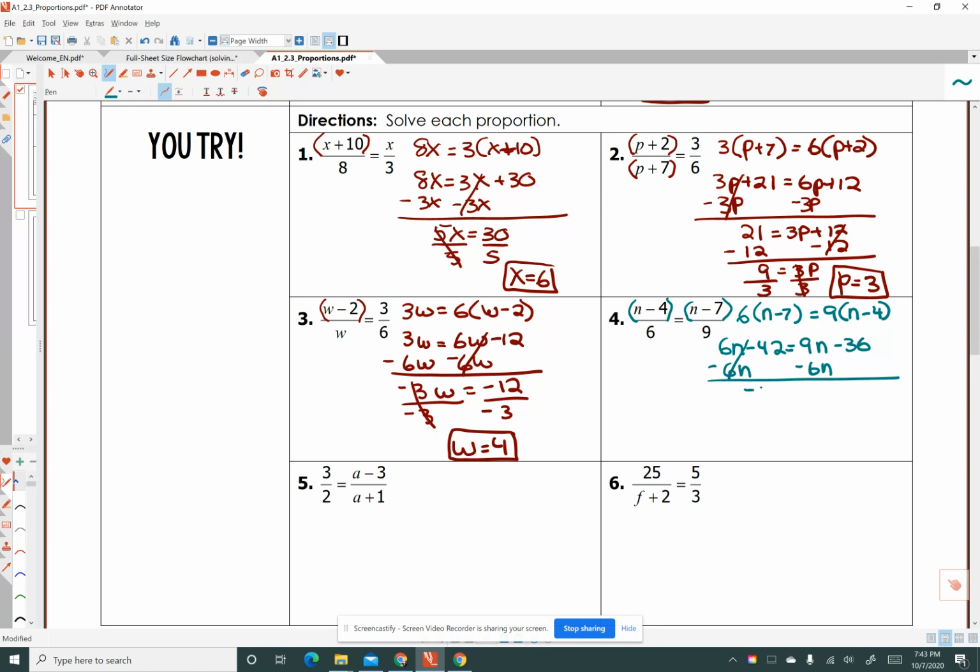And that will leave me with negative 42 equals 3n minus 36. I will add 36 to both sides. Which will leave me with negative 6 equals 3n. Divide both sides by positive 3. And n equals negative 2.